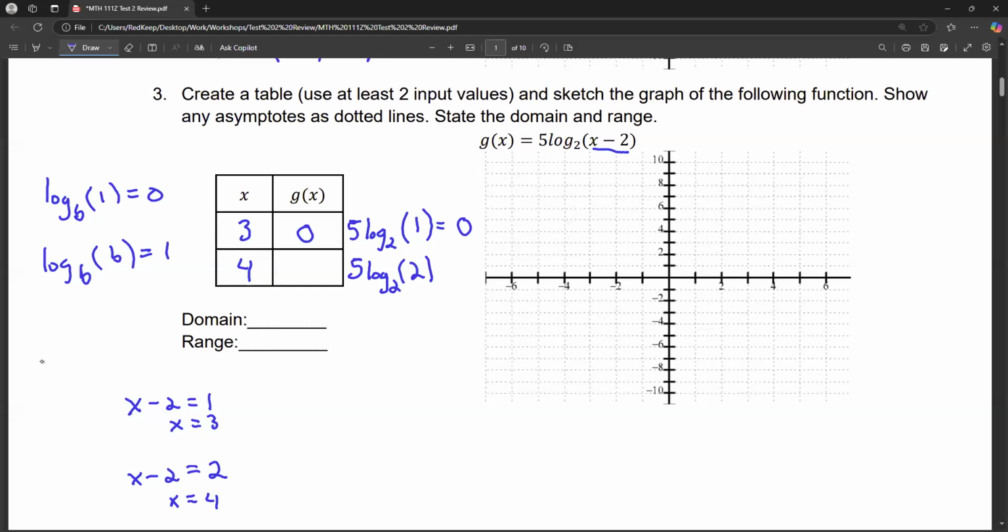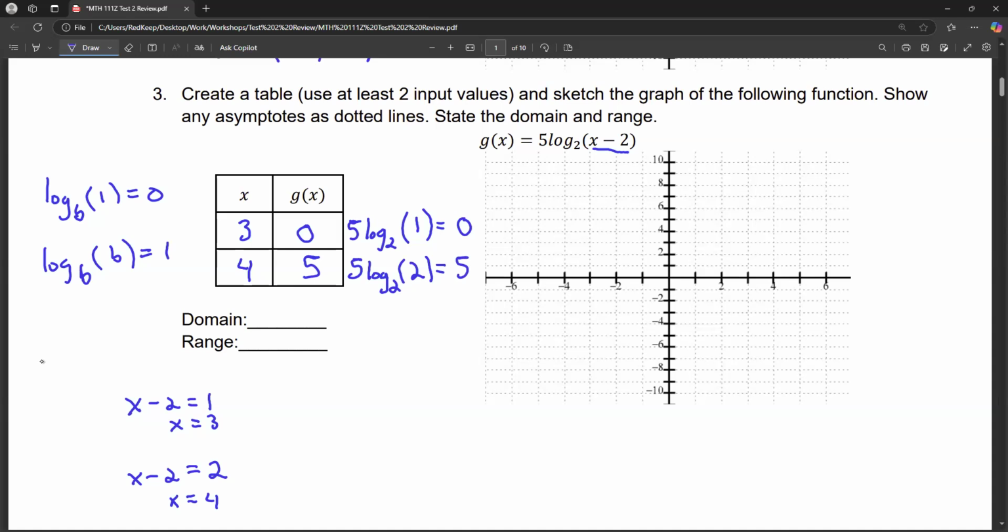Notice that we have, again, this scenario where we have log base b of b. In our scenario, it's log base 2 of 2, but regardless, that will be equal to 1. And so we'll have 5 times 1, which is just equal to 5. Perfect.